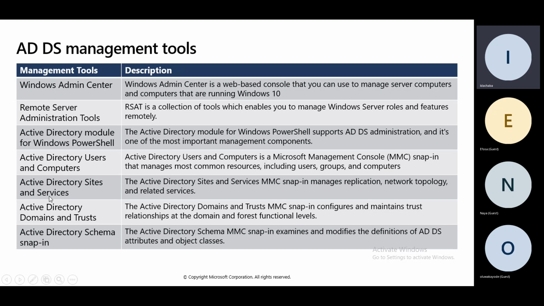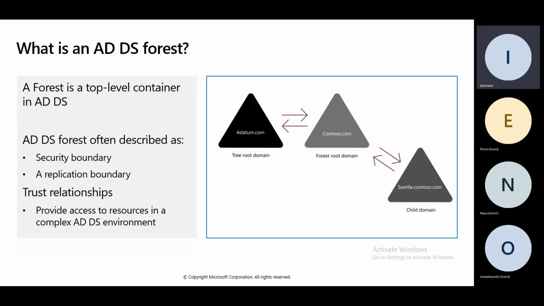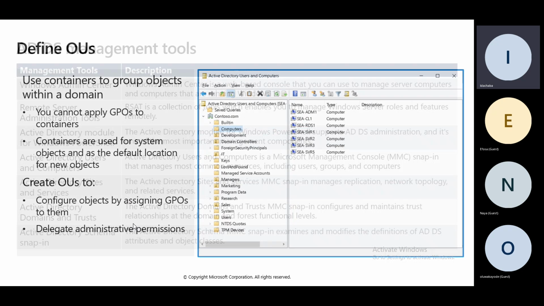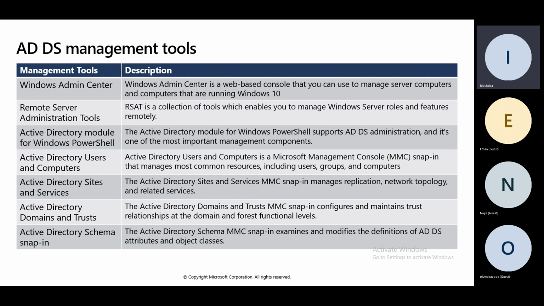We also have Active Directory Domains and Trusts. I was trying to explain trust domains yesterday. Remember this diagram where you have different domains and they create a connection? It's called a trust relationship. This one provides access to resources in a complex ADDS environment.